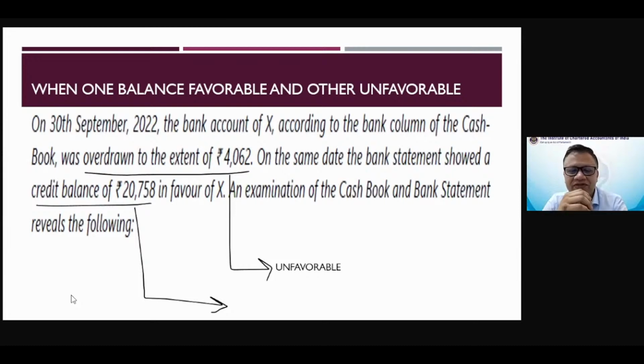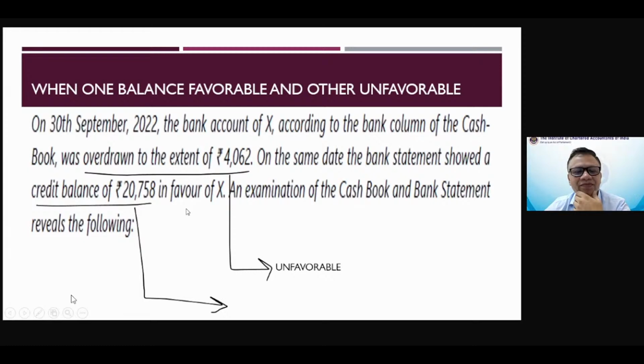The bank statement is showing a credit balance. Whether it is a favorable balance or unfavorable balance, I want to ask the class. Anybody can raise their hands to answer. Yeah, Shivanand, Suhana: it's favorable. Naina, what is your answer?